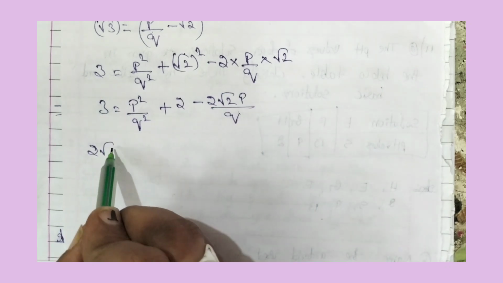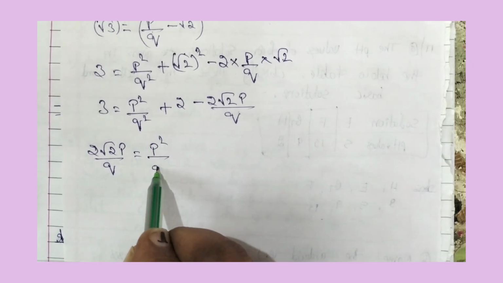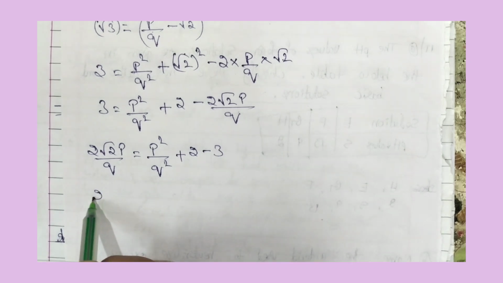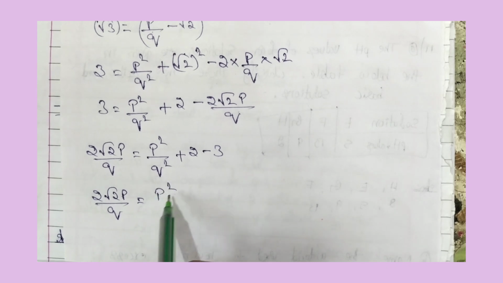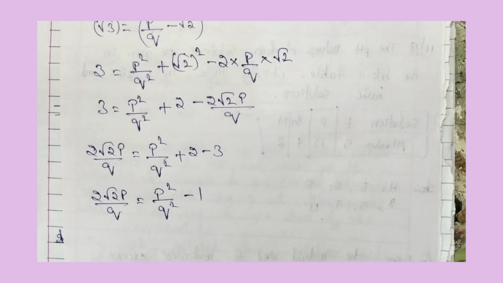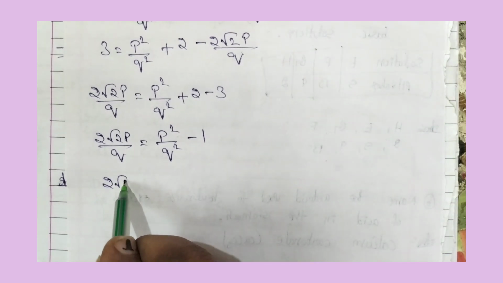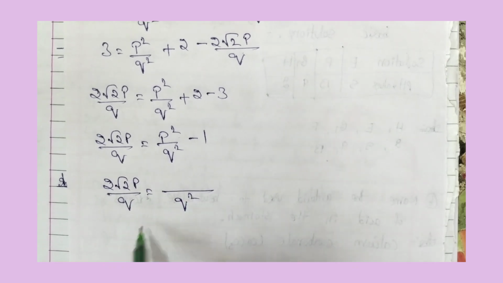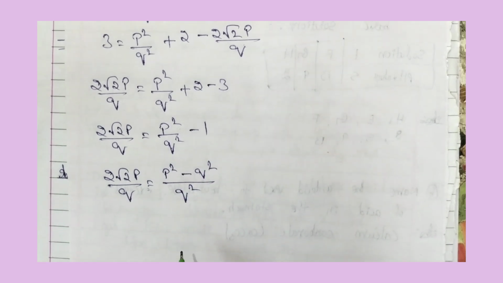So 2 root 2 P by Q is equal to P square by Q square plus 2, plus 3 becomes minus 3. So 2 root 2 P by Q is equal to P square by Q square, 2 minus 3 is minus 1. So now 2 root 2 P by Q is equal to, the denominator LCM, that is Q square, P square minus Q square.